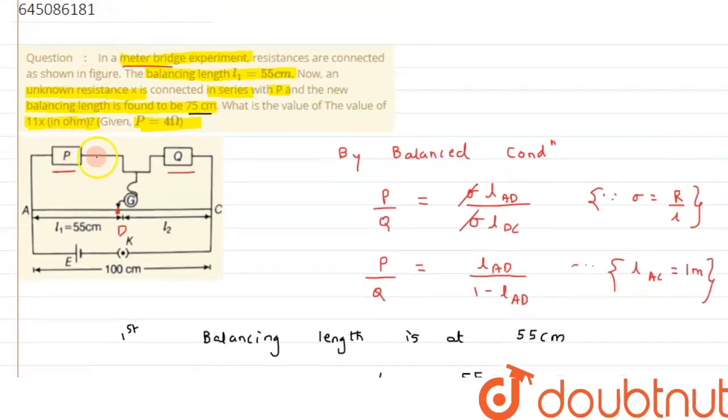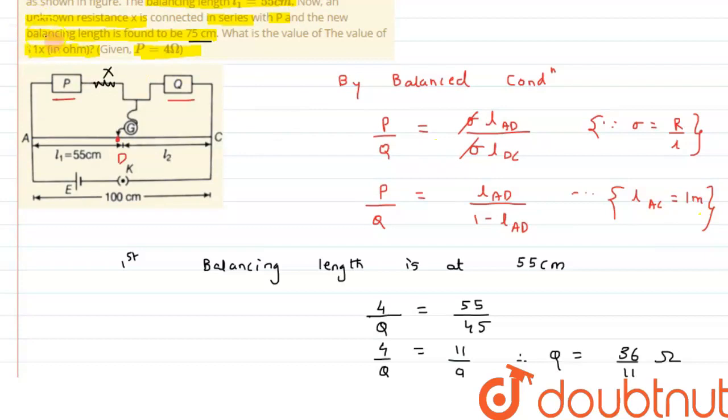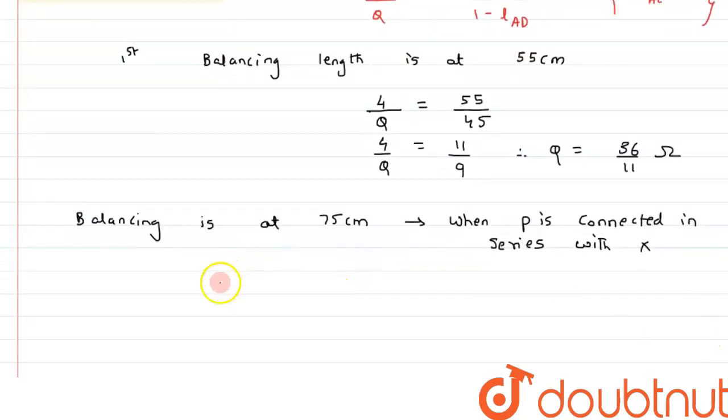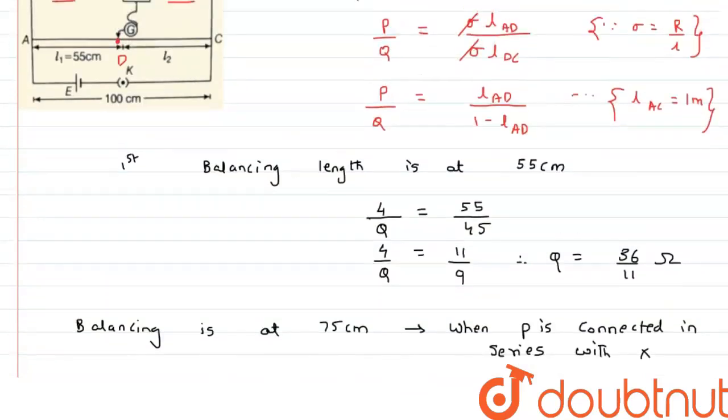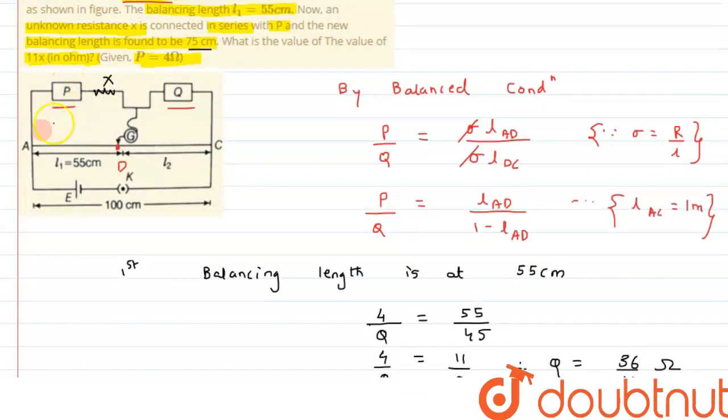One resistance of value X has been put in series with P. So the net resistance in this section will become P plus X. So R net will be equal to P plus X, where R net is nothing but the net resistance in the left gap. So we are talking about this R net.